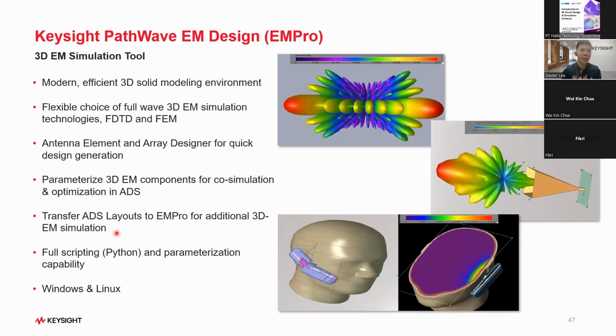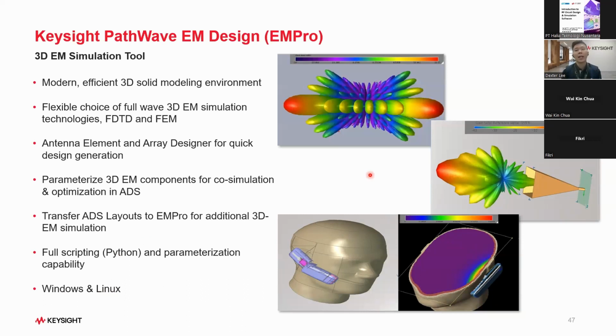I have one example for you later, but this is one very popular use case that we often see with our users. And both ADS and EM Pro are supported in both the Windows and Linux environments.